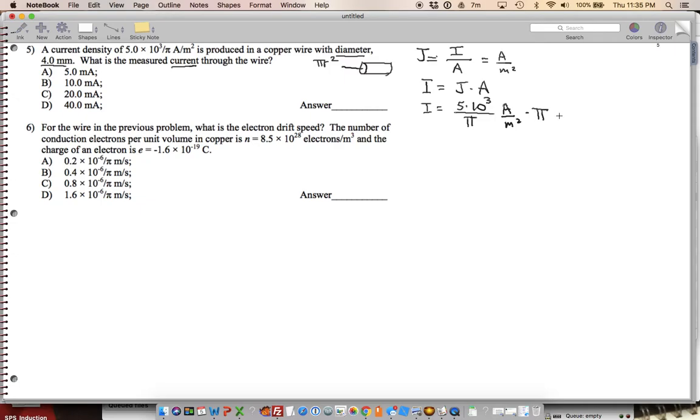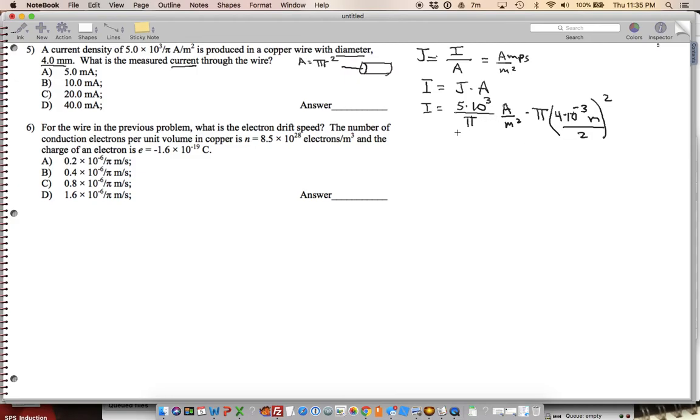That's my 4 millimeters, in terms of meters, 4 times 10 to the minus 3, divided by 2, because that's the diameter, so I need to get the radius squared. I'm saying this is equal to amps, because these A's aren't the same thing. That's amps for current, and this A is area. So pi r squared is my area here.